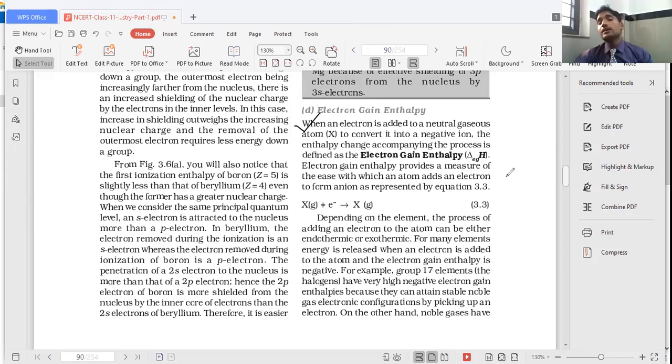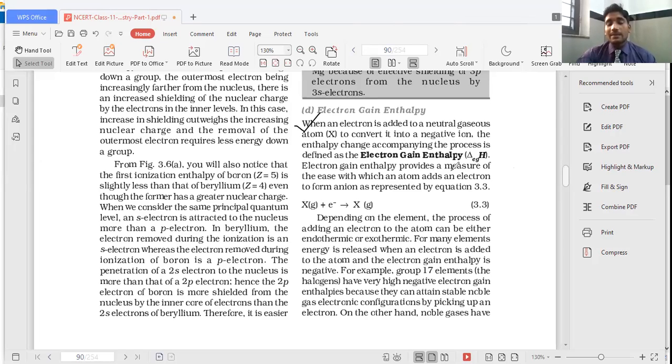The amount of energy generally released when one electron is added to the outermost shell of a neutral gaseous atom, right? That is known as electron gain enthalpy.